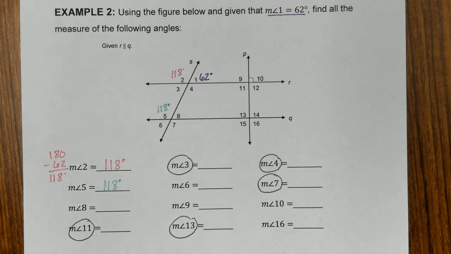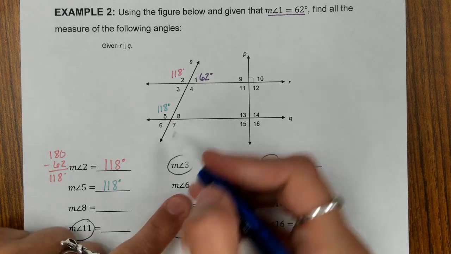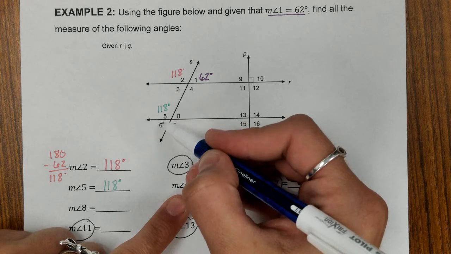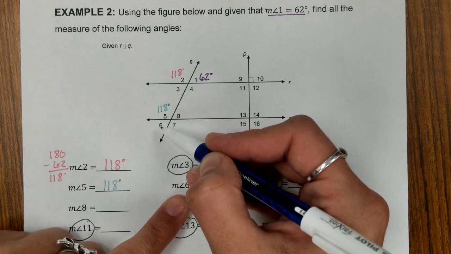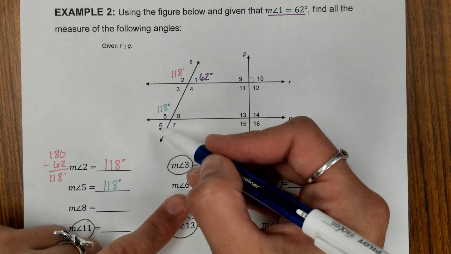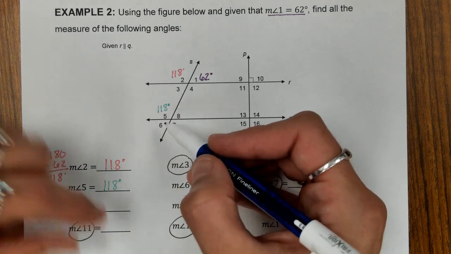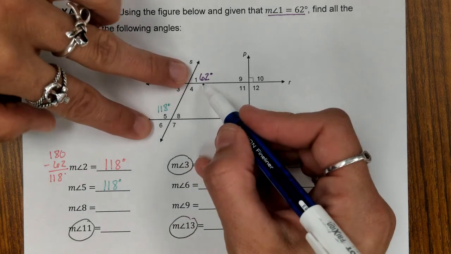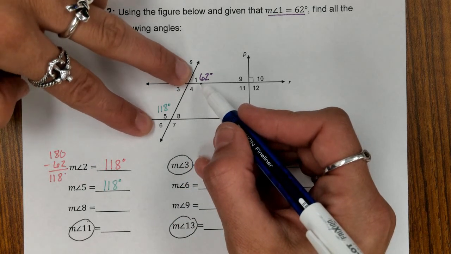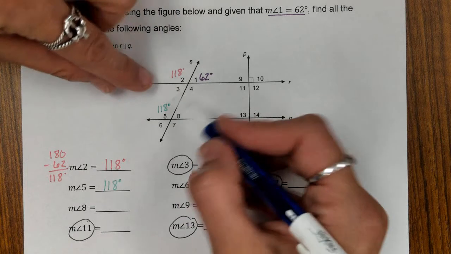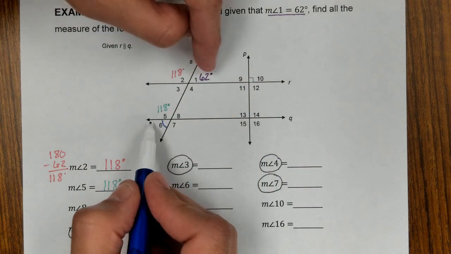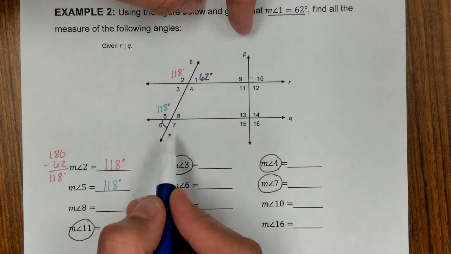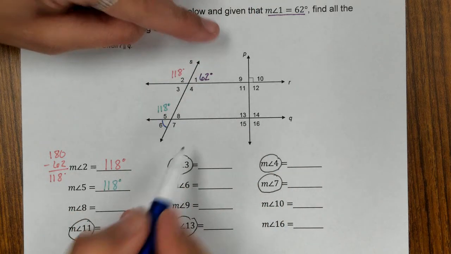Measurement of angle 6, next one over here. Angle 6 is right next to angle 5, but since we've already done a linear pair, let's take a look at what else we can do so we don't have to sit there and subtract. Angle 6 and angle 1 have a relationship here. Angle 1 and angle 6 are on alternate sides of transversal S, and they are exterior.